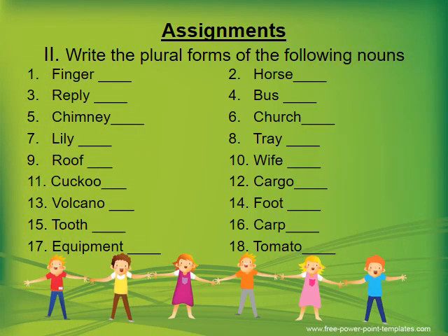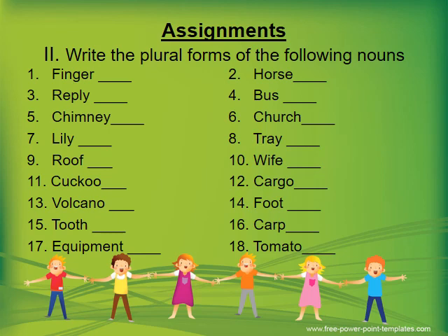Now children, let's come to the second question of your assignment, and this question is, write the plural forms of the following nouns. Children, question number 1 you will do in the book itself, and this question number 2 you will do in your copy. So in this question you have to write the plural forms of the following nouns which are singular.